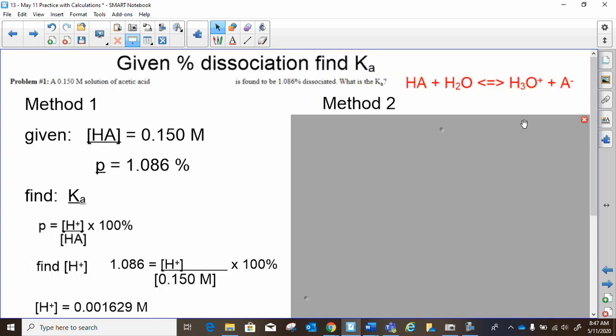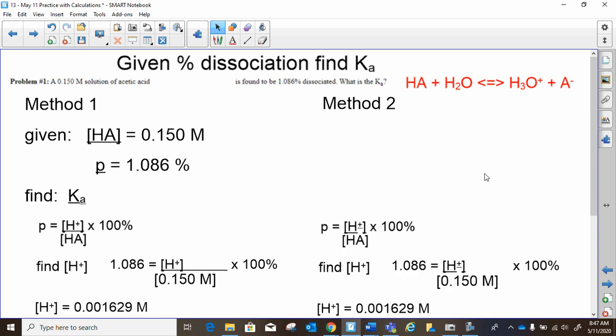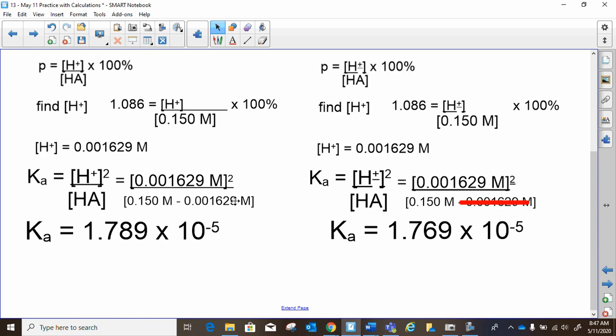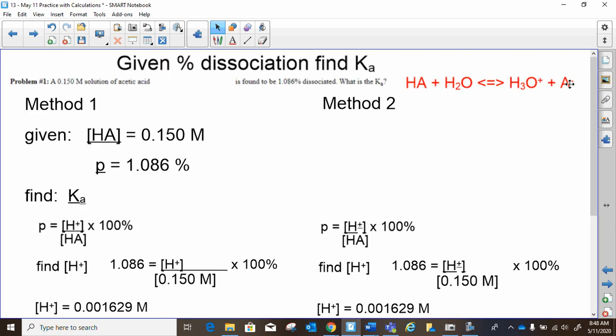Now, I've been telling you, since it's a weak acid, we don't have to worry about that little teeny tiny small number. It's a very small number, not very much of it broke apart. So what I did again over here was the exact same calculations, but in the very last step, I said, let's not worry about that 0.001629 that's forming the H3O plus and A minus.